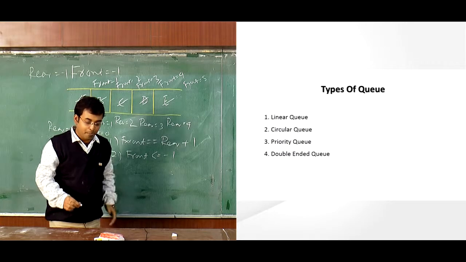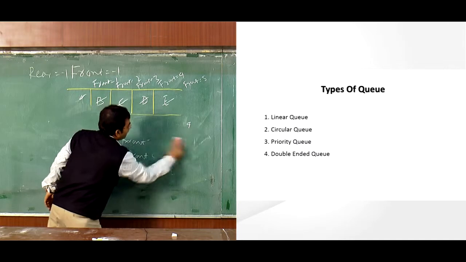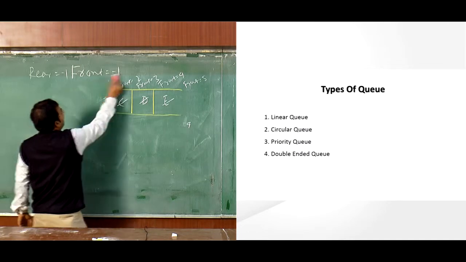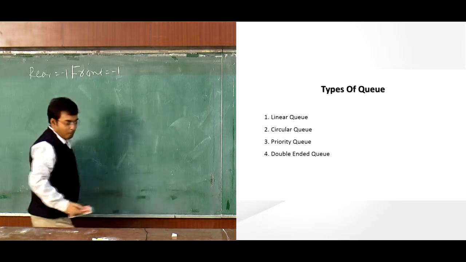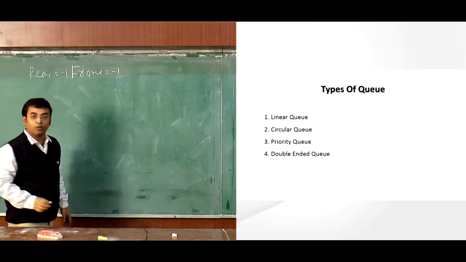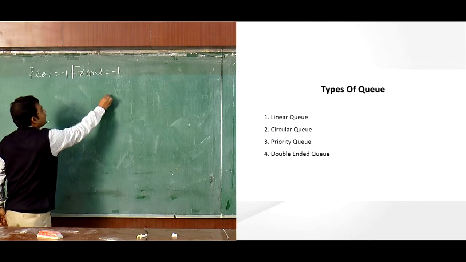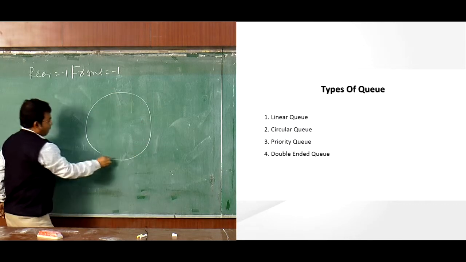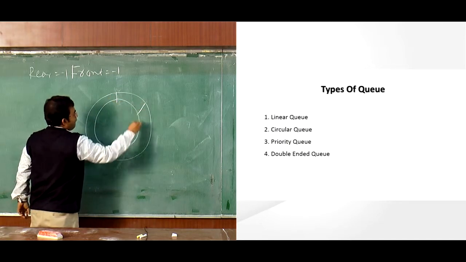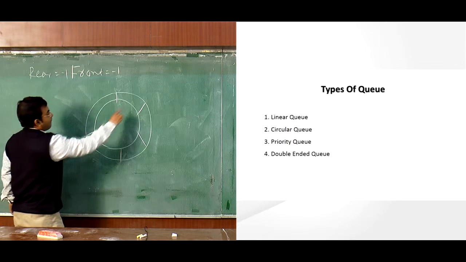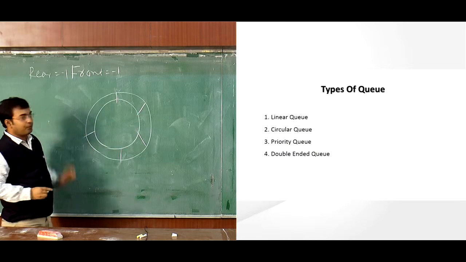I will come to that after this. Now I will explain what a circular queue is, but with an example. Suppose this is once again 5 locations: 1, 2, 3, 4, 5.